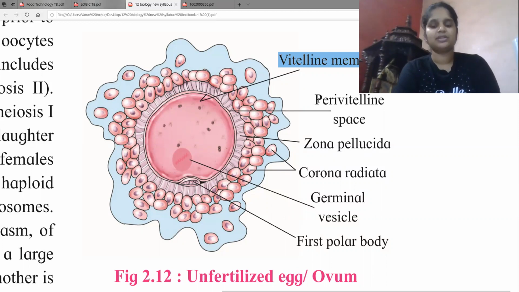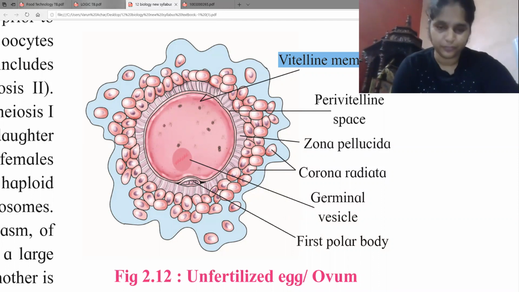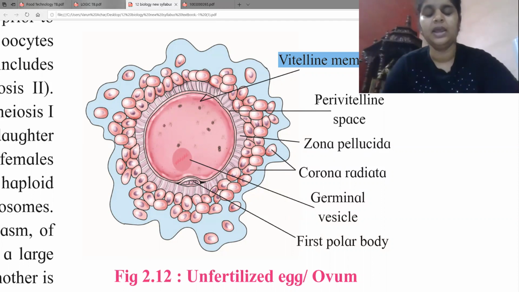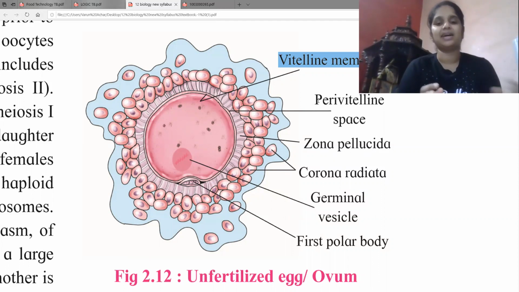Now in this perivitelline space you are going to have a fluid, and also we might know from gametogenesis itself that when this kind of meiotic division takes place in the secondary oocyte and other types of cells, the division of cytoplasm takes place unequally.